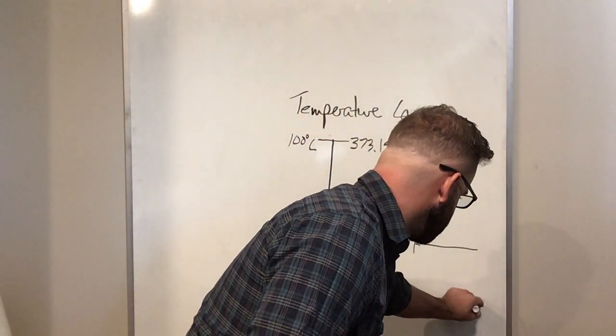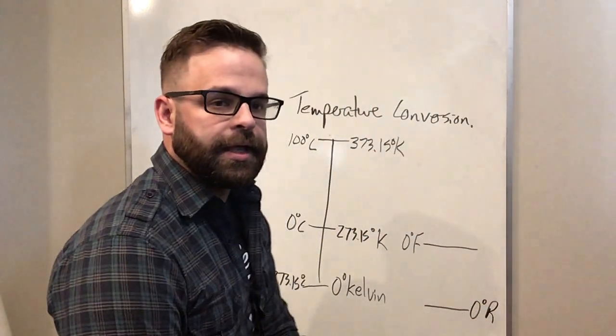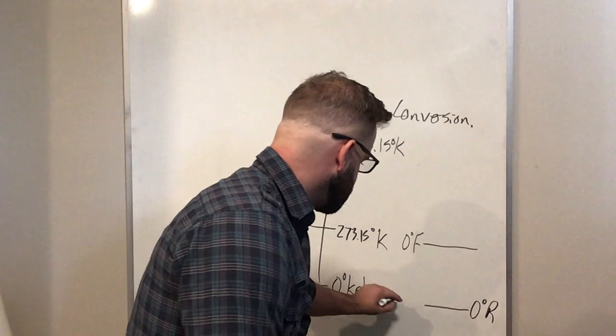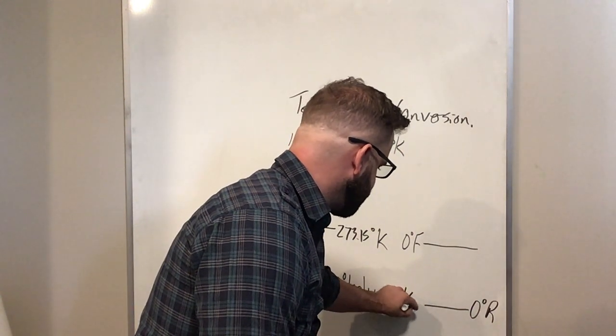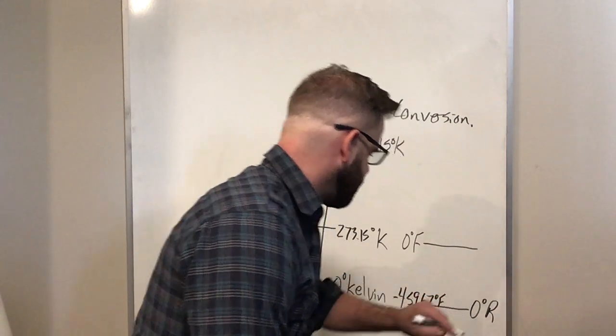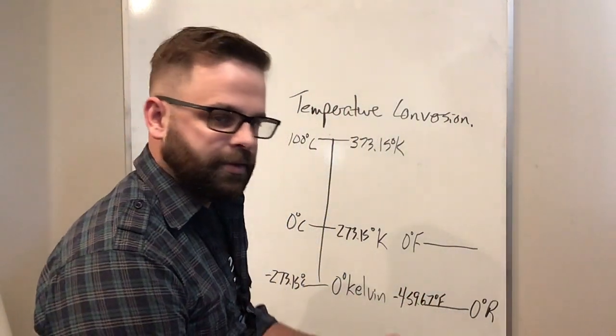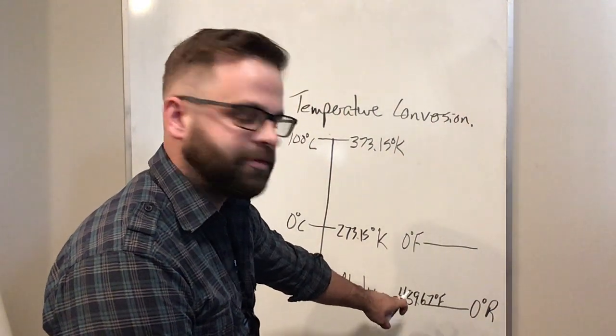So 0 degrees Rankine is equal to negative 459.67 degrees Fahrenheit. So I know a little tight in there. So negative 459.67 degrees Fahrenheit.